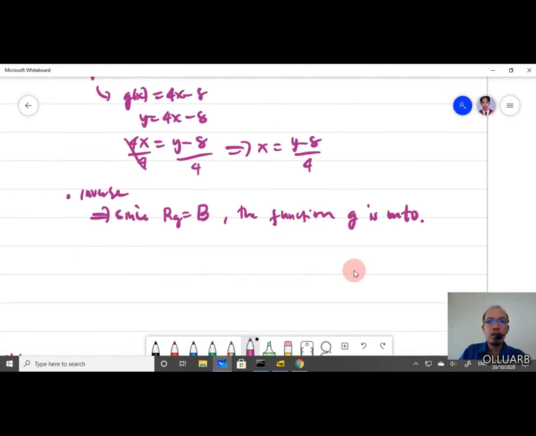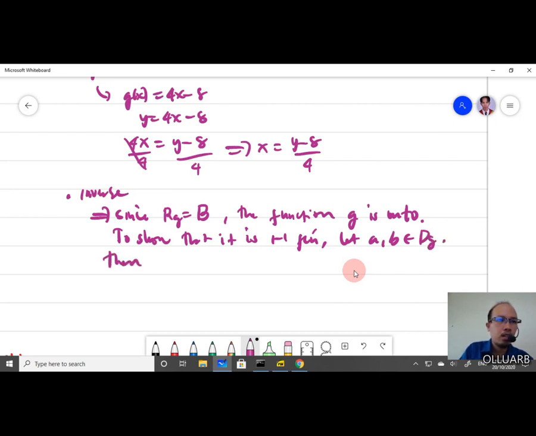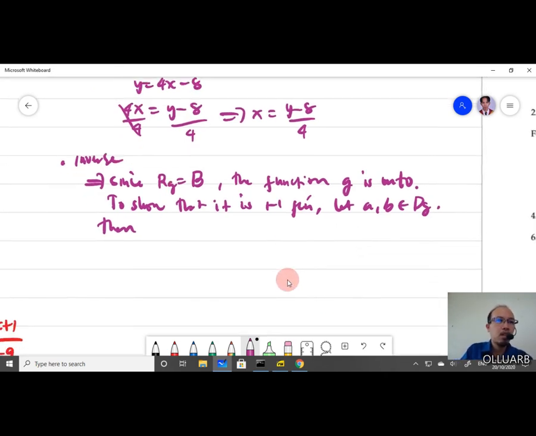Okay, so to show that it is a one-to-one function, we have to let two numbers a and b in the domain. Okay, and then we are going to show by computing g of a and g of b that a is equal to b.